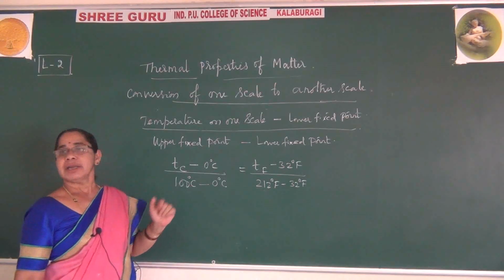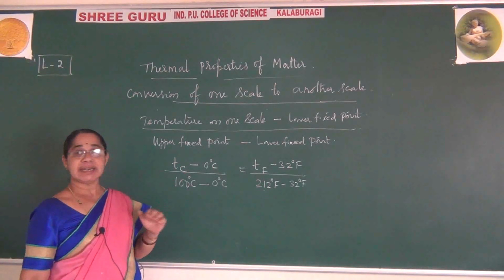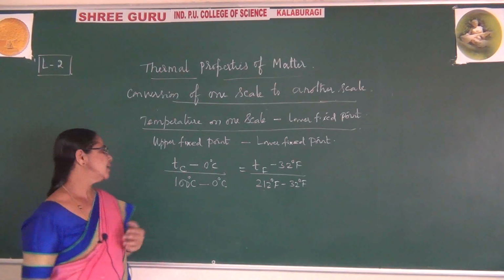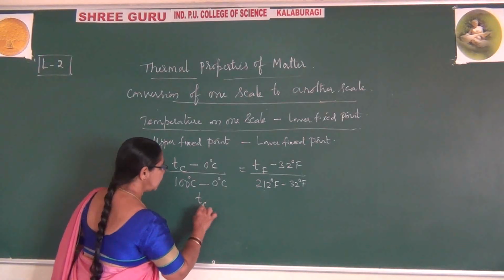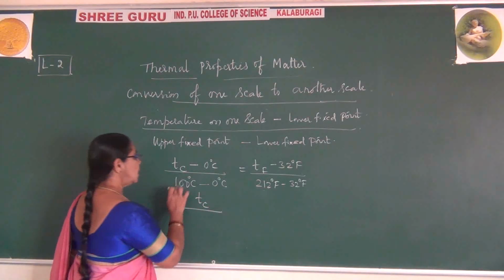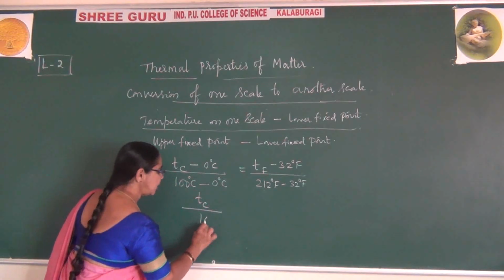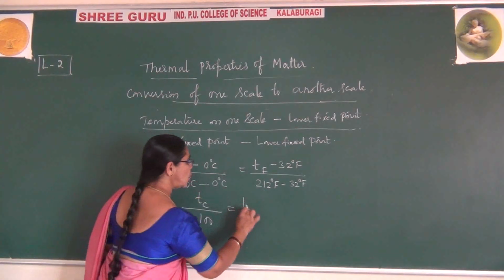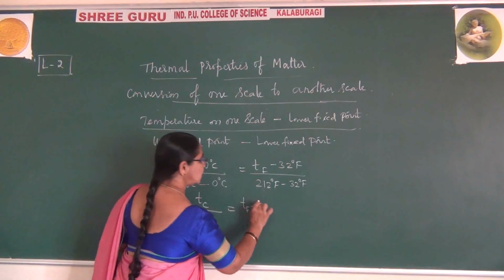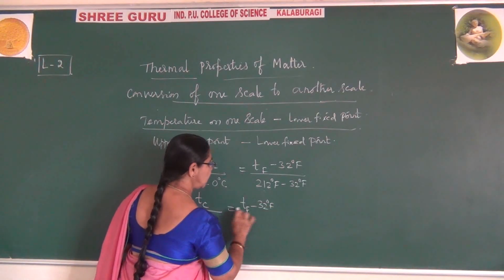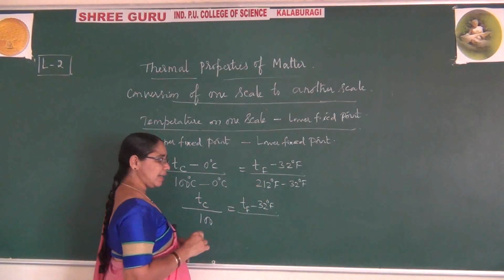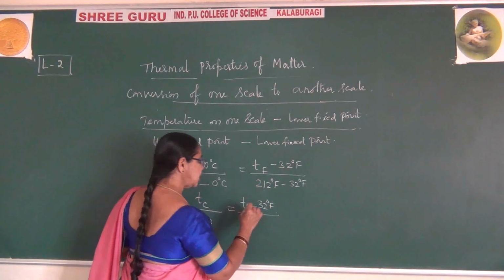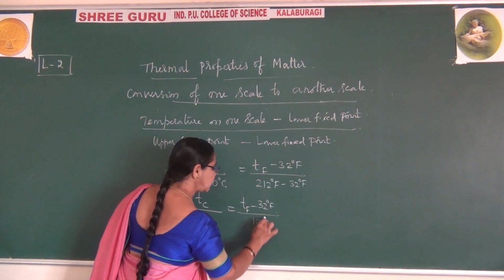Now here temperature on the Celsius scale Tc minus 0 means nothing but T subscript C. 100 minus 0 means it is 100, which is equal to Tf, temperature on Fahrenheit scale, minus 32 degree, divided by 212 degree minus 32 degree, which is nothing but 180 degree Fahrenheit.